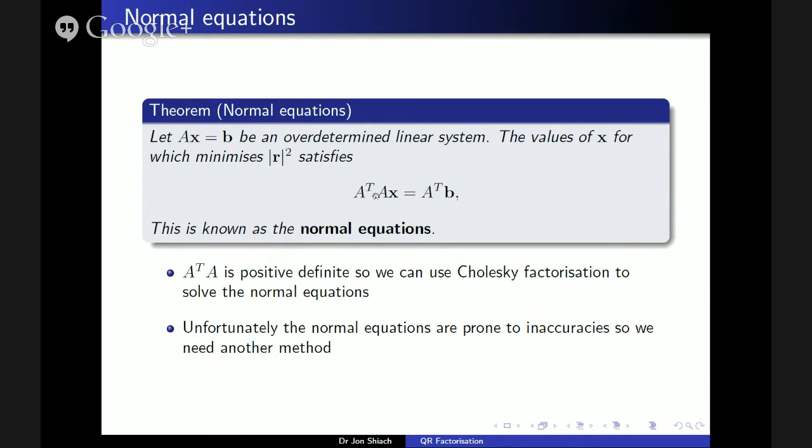So these are the normal equations: A transpose A times x is equal to A transpose times b. Well, from our work on Cholesky factorization, we know that A transpose A is positive definite. So therefore, we can use Cholesky. Brilliant. We could already solve that. Might as well go home now. We've solved the normal equations.